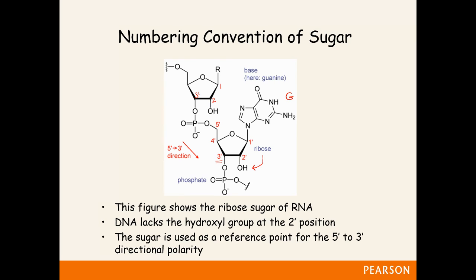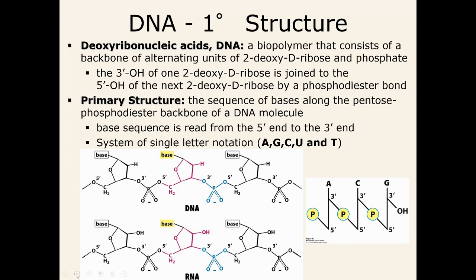So our backbone is going to be sugar, phosphate, and sticking out from that backbone will be the nitrogenous bases. If you can't see it on this picture, here it is again. Okay, here's that carbon 5.